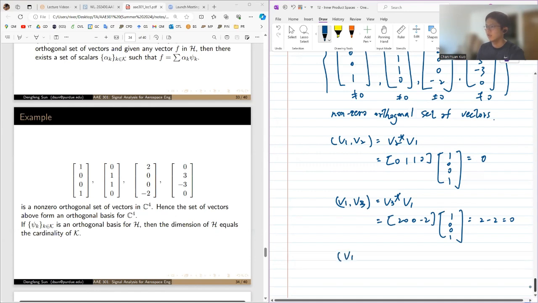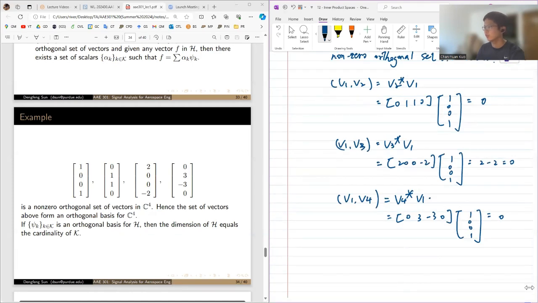Let's look at the inner product of v1 and v4. That's the complex conjugate transpose of v4 times v1, which is 0, 3, negative 3, 0 times 1, 0, 0, 1, and we get 0. So v1 is orthogonal to v4.